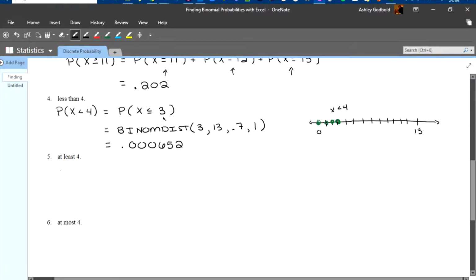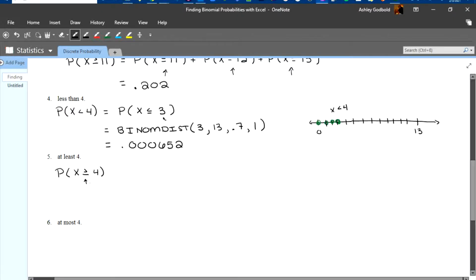All right. The probability that x is at least 4 represents 4 and greater, so x is greater than or equal to 4. Whenever we use the binom dist function, we need this inequality to be pointing to the left. It needs to be a less than. We can rewrite it as a less than by using the complement rule.